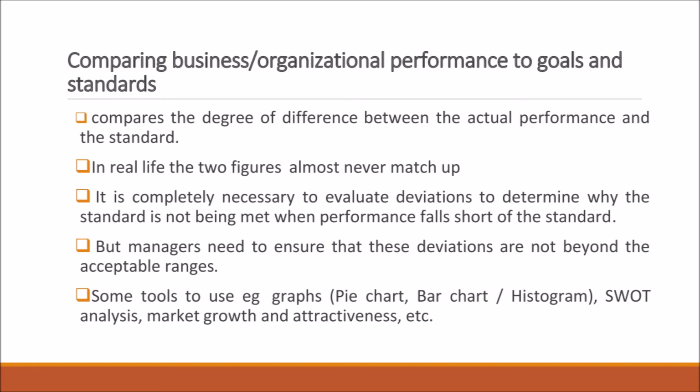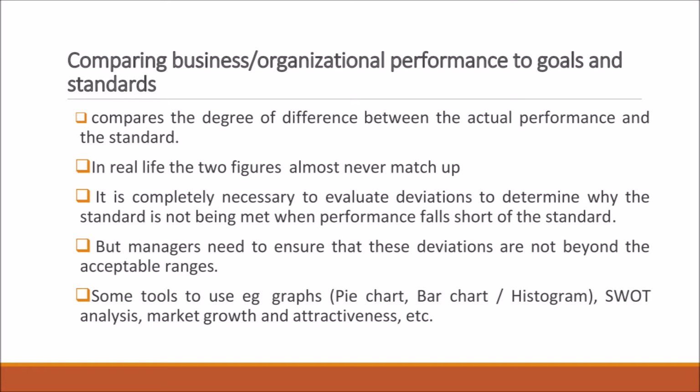Some of the tools that you can use are graphs, charts, histograms, and SWOT analysis, which you can use when you are looking at your customers, your competitors. Okay, you can also use it to determine your customers, what is good about them and all that.